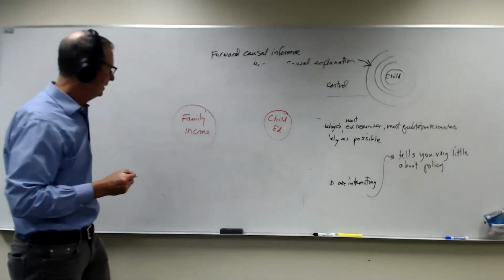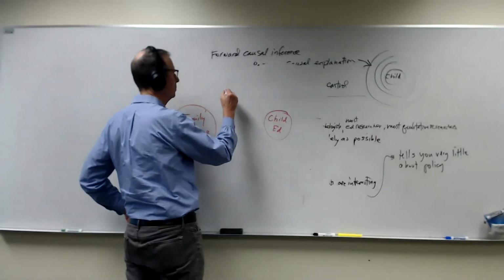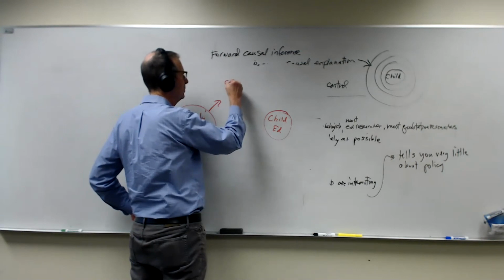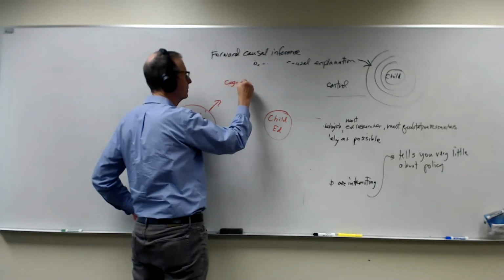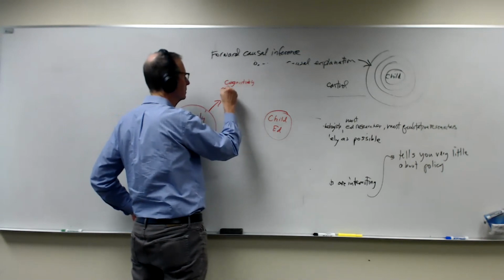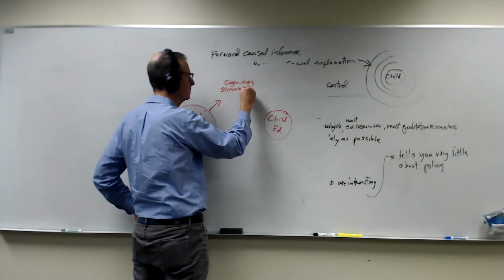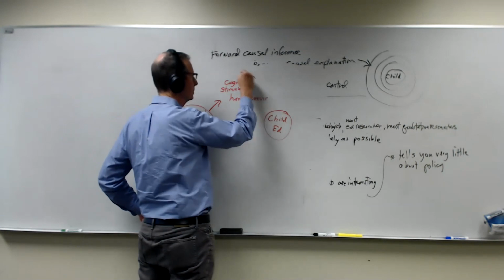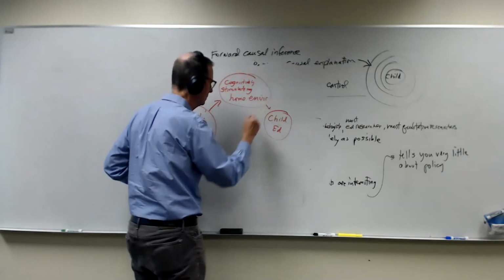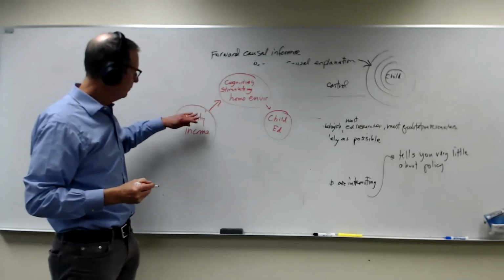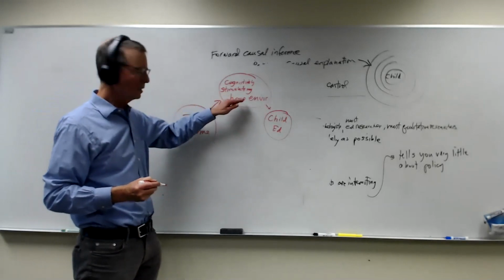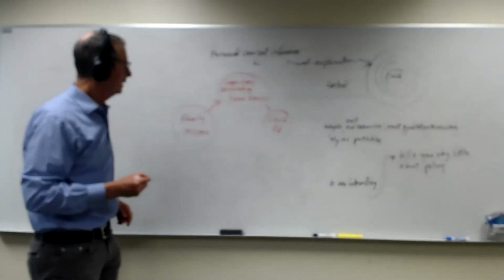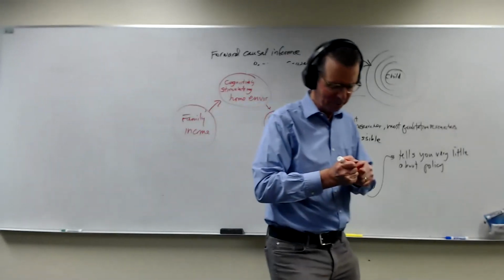I'm thinking family income is going to lead to a cognitively stimulating home environment. So I might start out with family income, then have a subsequent measure of home environment, and then an even more subsequent measure of education, right? It's a classic mediating model.